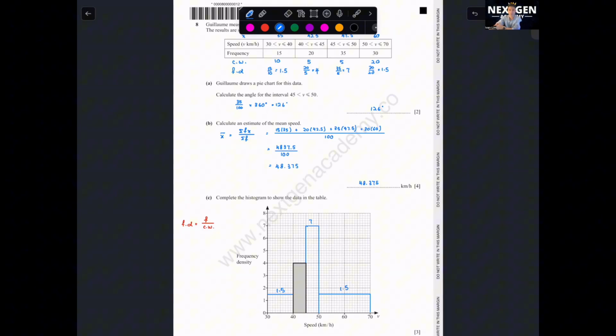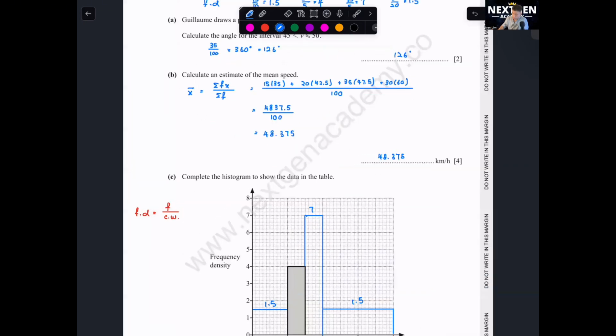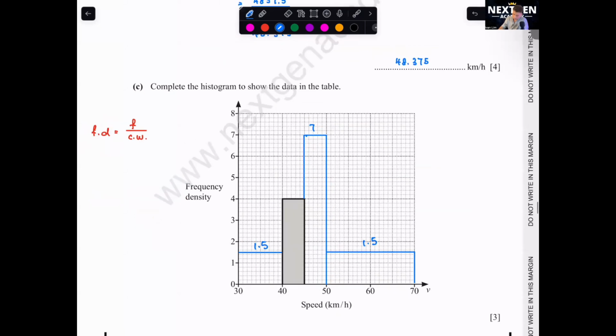Quite easy, these statistics. Number 8, if you can do this, can you type 8? Okay, all can do. Let's go to question number 9.